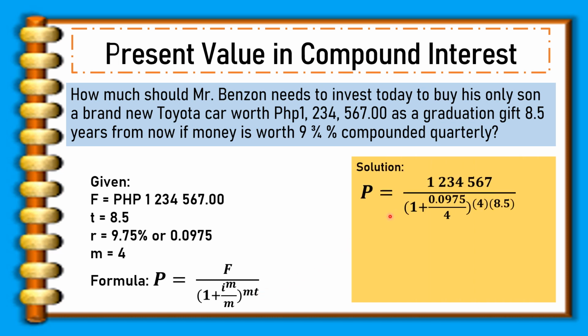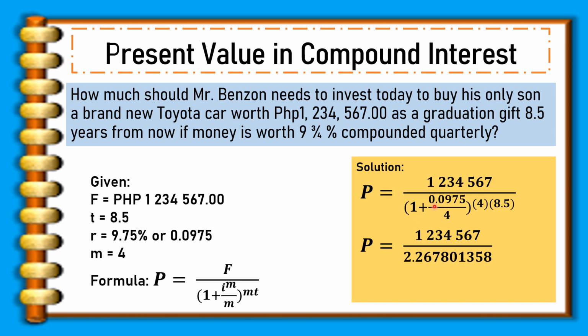Solution. Replace F by 1,234,567. Replace nominal rate by 0.0975 and conversion frequency by 4 and time by 8.5.